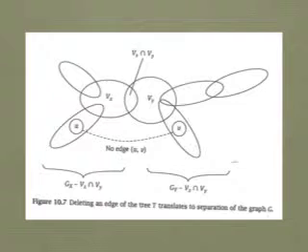Now we must show that there is no edge e = uv in G with one end u in G_X minus the intersection between V_x and V_y, and the other end v in G_Y minus the intersection between V_x and V_y.